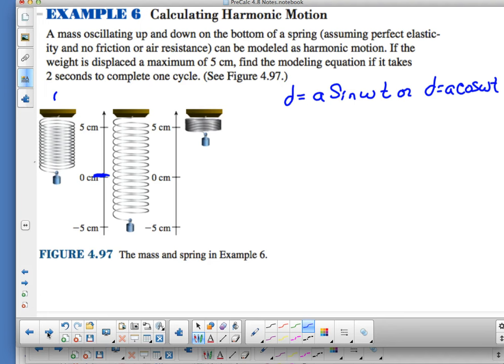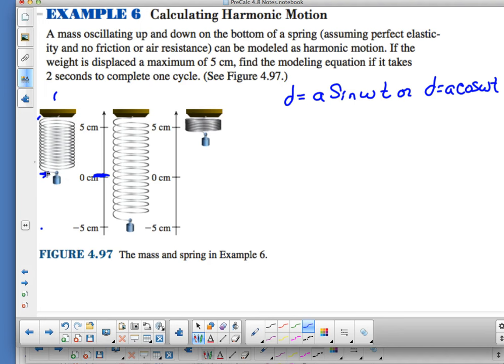If it's going to start way at the bottom, I can start with cosine. If it starts way at the top, I can use cosine. But this neutrally is in the middle, so I'm going to use sine here because the sine starts on the axis. So that's why I'm going to use the sine value.